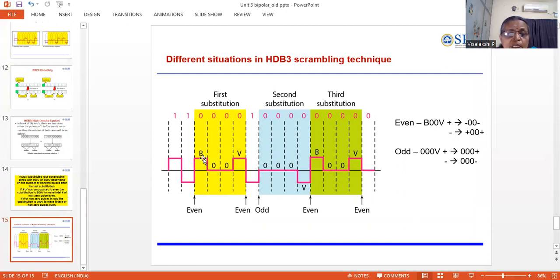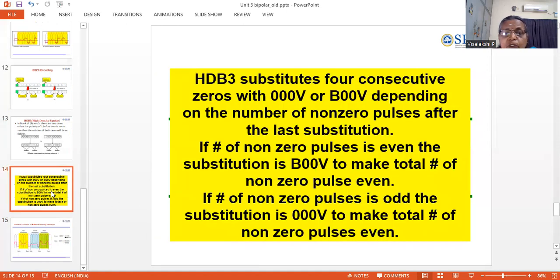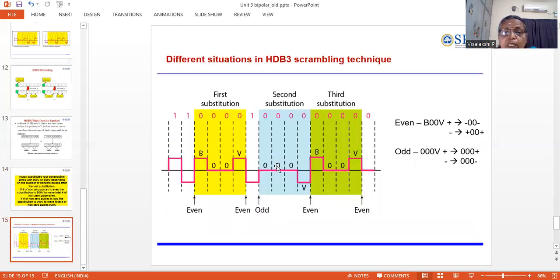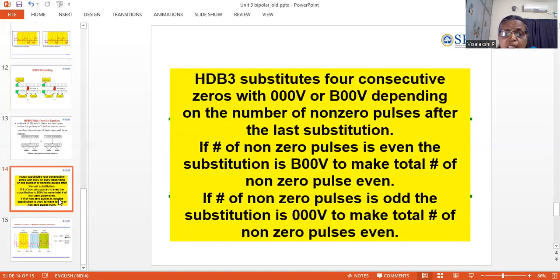The first one is bipolar. Why is it bipolar? Because it is even, and again it is even. So the last position is also even. So the first position is B00V. Why has this pattern been used? Because the non-zero pulse count is even, the substitution B00V makes the total number of non-zero pulses even. Similarly, for odd, you have to use only the second method, that is 000V.